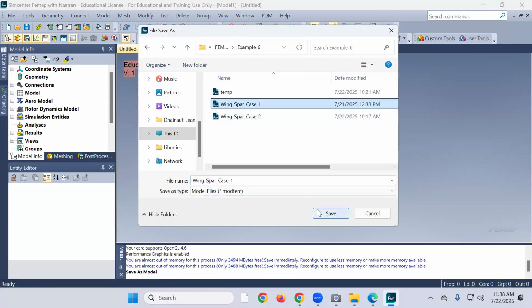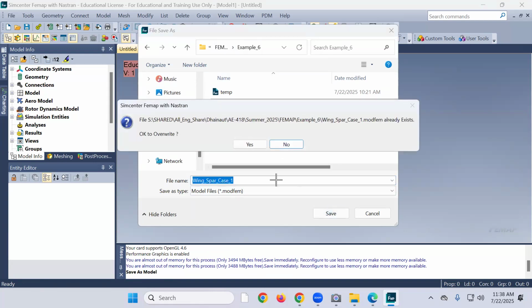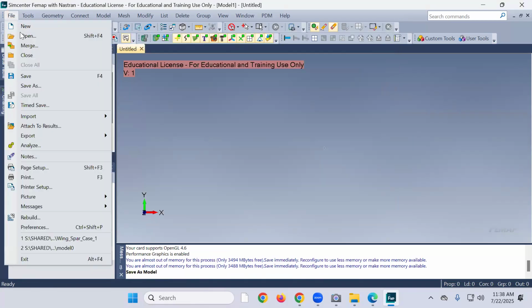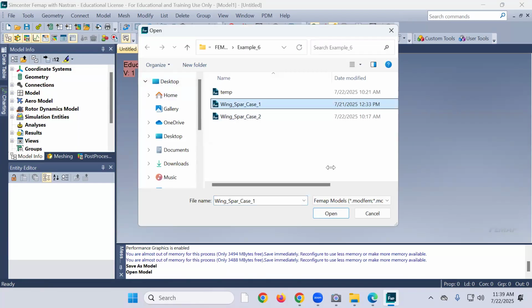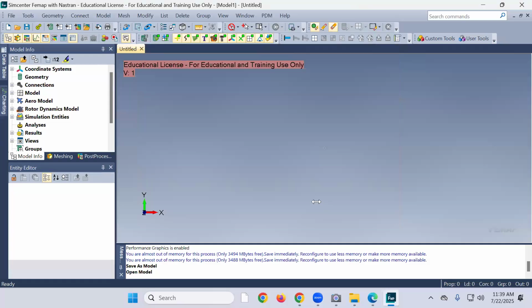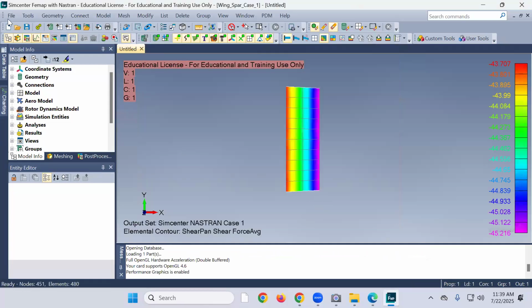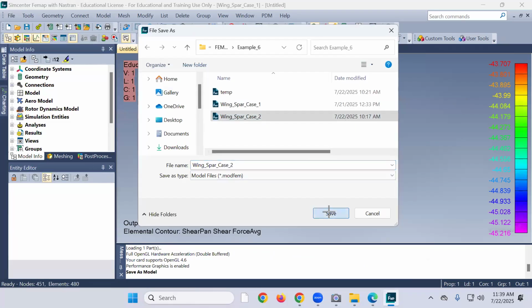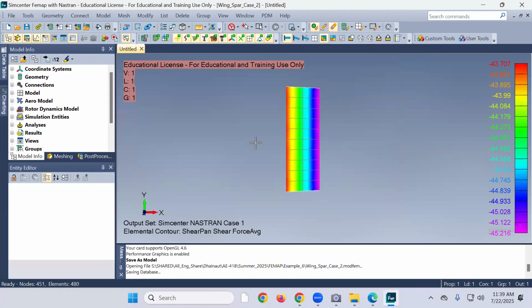I already worked on it a little bit, so I don't want to save. Okay, file, open, Wingspar 1. Okay, and do file. Do you have FEMAP open, all of you? Do file, save as Wingspar 2. That way we have a new model.